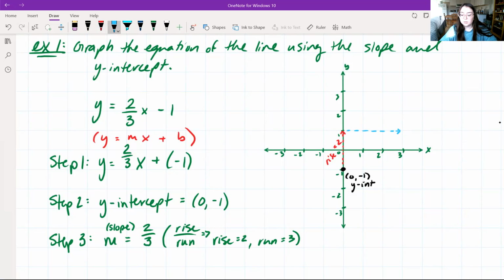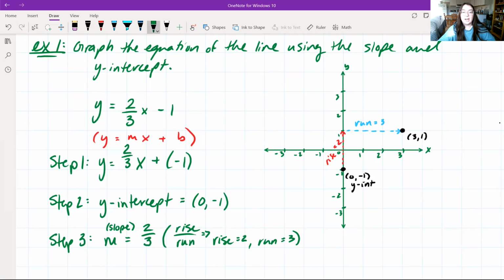So we're going to this point here, which is (3, 1). We've risen and we've run. So now we plot our point, and our point here is (3, 1). So we've plotted our second point.